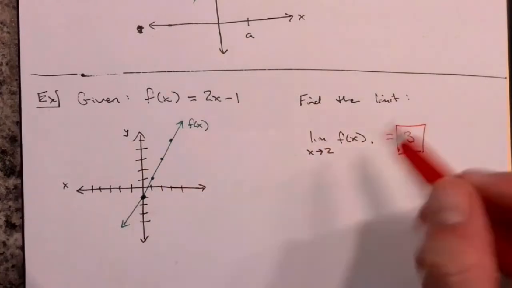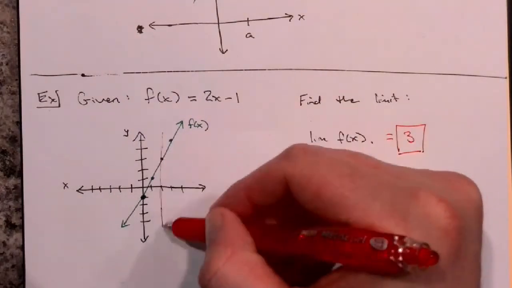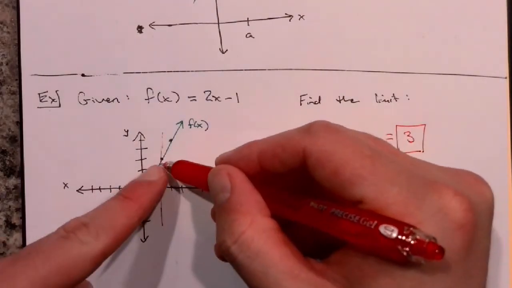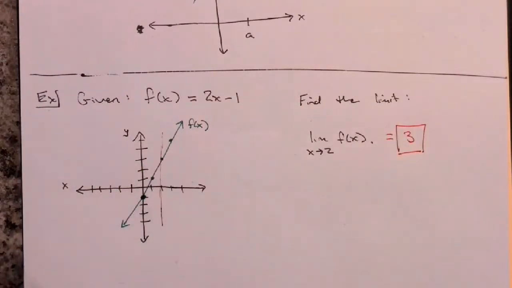Sometimes they think about it as, okay, if I'm approaching 2, right, sometimes they build like this wall here, and they're saying, okay, what happens when you get closer and closer to the wall? What happens to the y value? Well, the y value would be 3. So that's finding it graphically. They might ask you to do it numerically. If they ask you to do this numerically, sometimes they really ask you to do it kind of by observation.